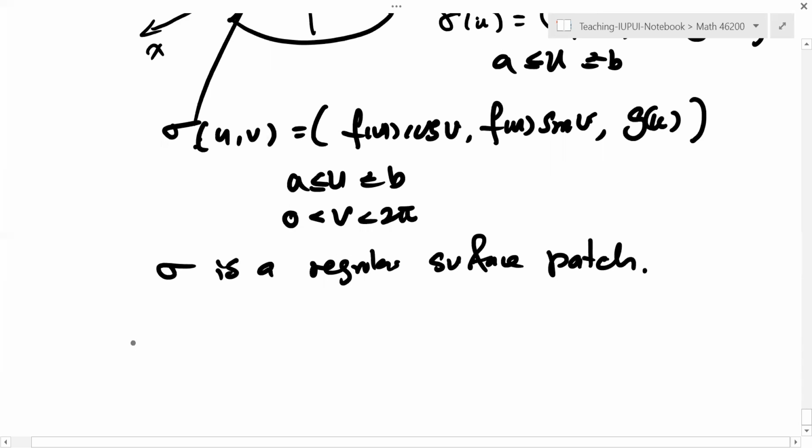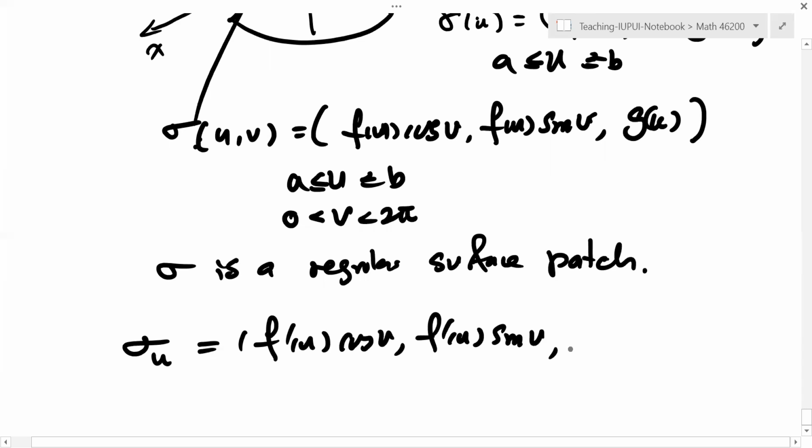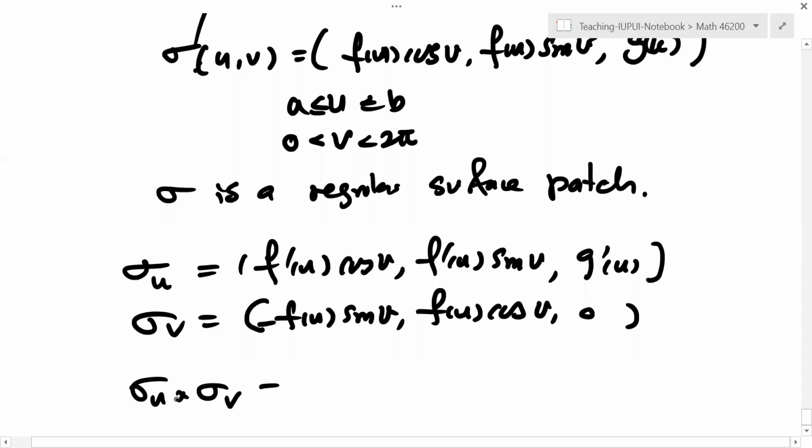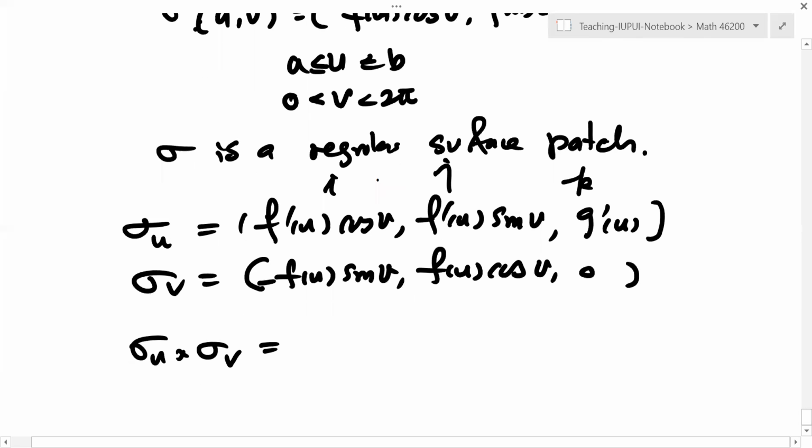Let's check this. Differentiate with respect to u, and that is going to be negative F u sine v, F u cosine v, and 0. So cross product, and this will be i, j, k.